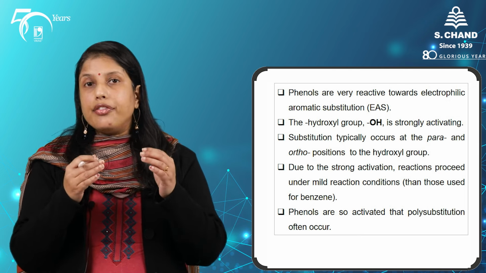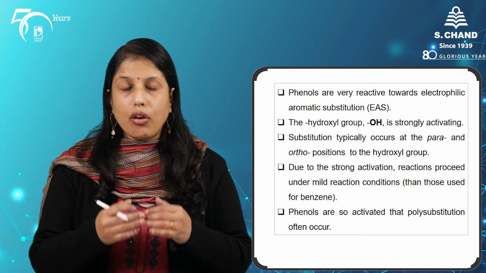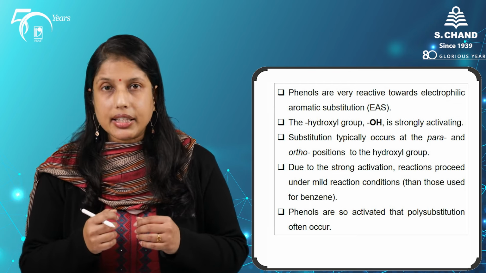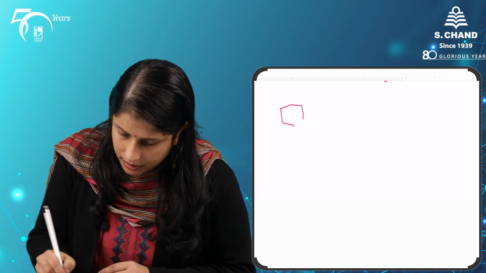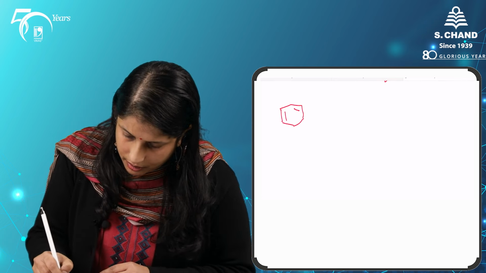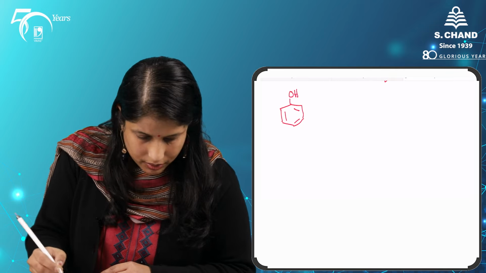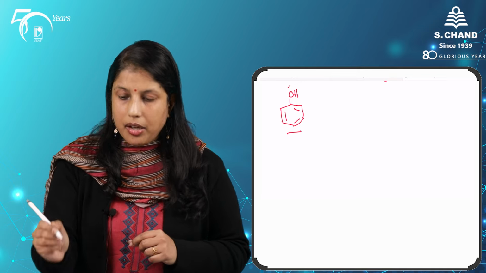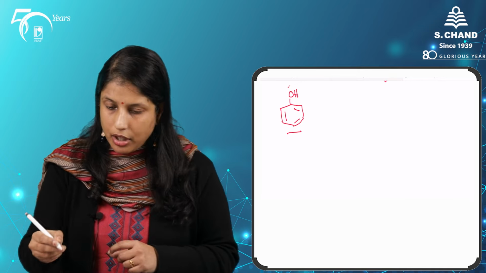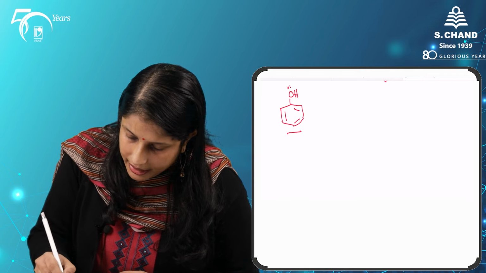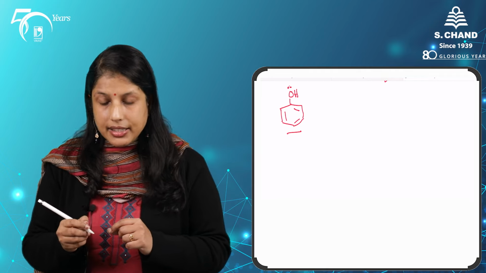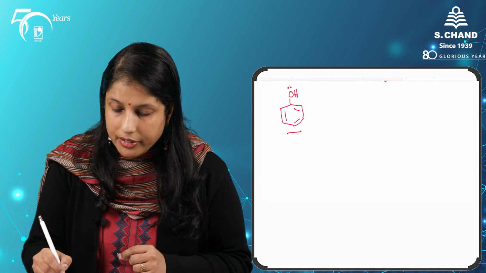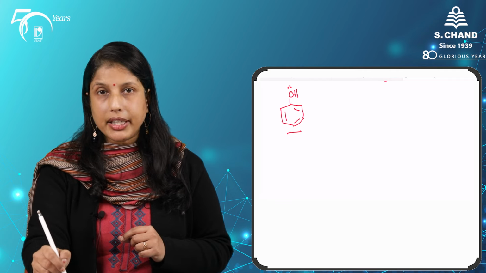Not only are phenols activating, but they are also ortho-para directors. So let's quickly take a look at this. So here I have my phenol molecule. You can see that through resonance, the electrons on the oxygen are going to be involved in conjugation with the benzene ring.